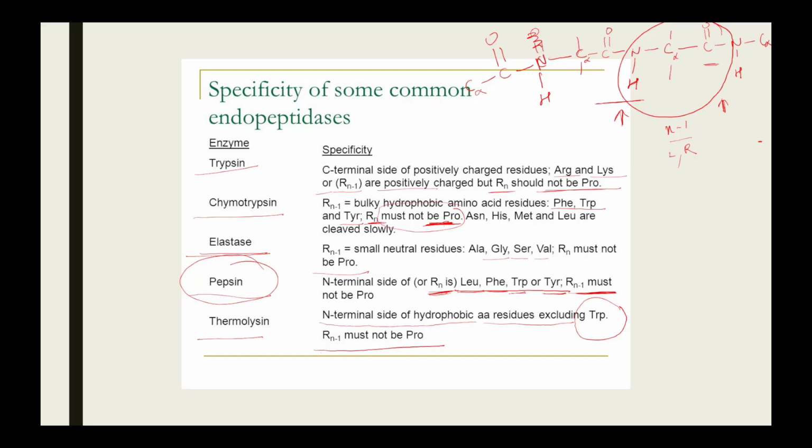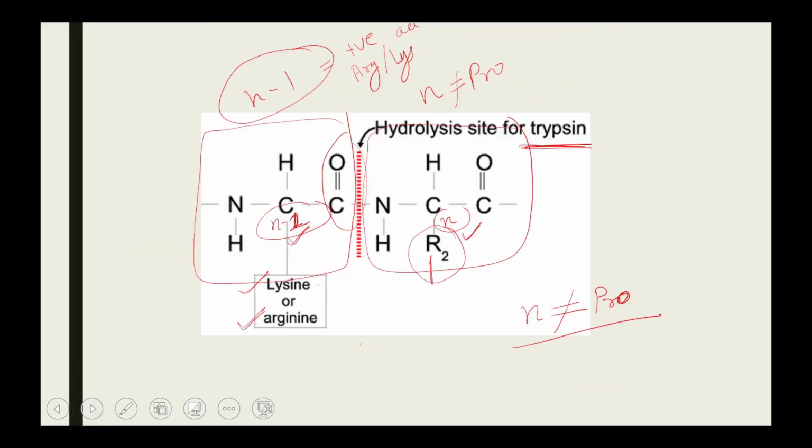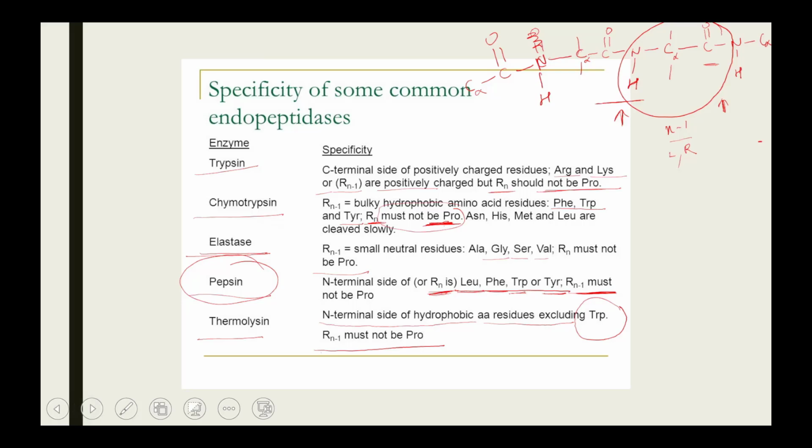So keeping these things in mind, these type of questions can be easily solved. And also you need to remember the single letter coding for the different amino acids. So this list should be remembered and questions like this can be solved.